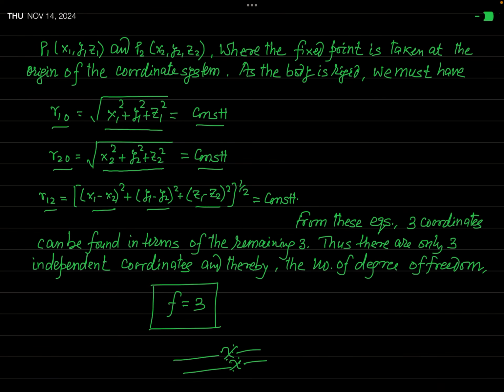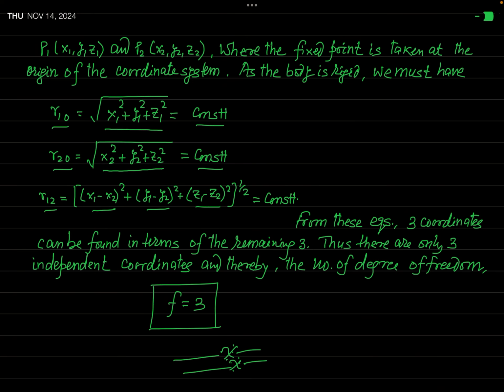At the first sight, one can think that we have 3 independent equations of constraint, but actually in these 3 equations there are 6 variables, x1, y1, z1 and x2, y2, z2. But are these 6 variables independent from one another?